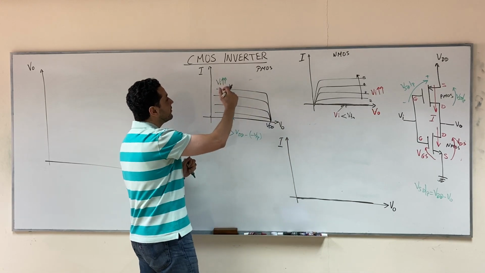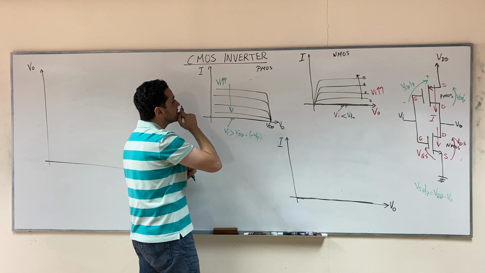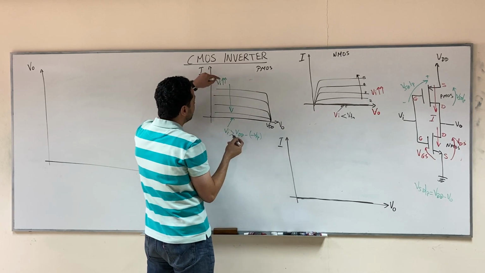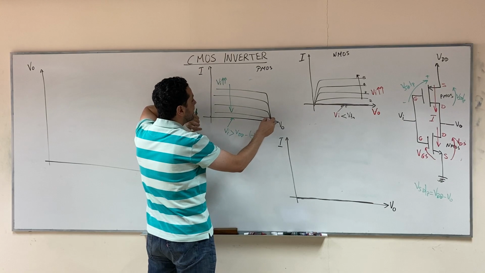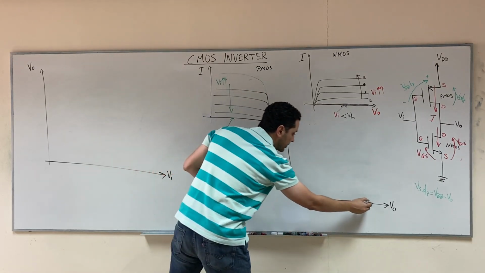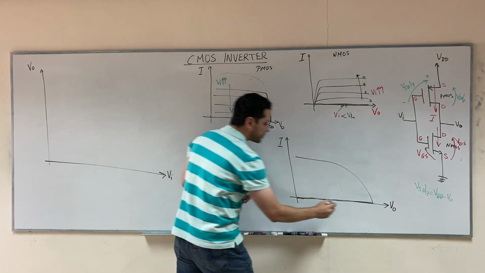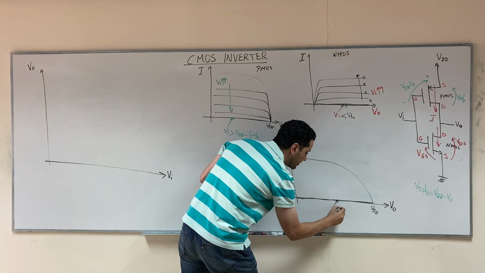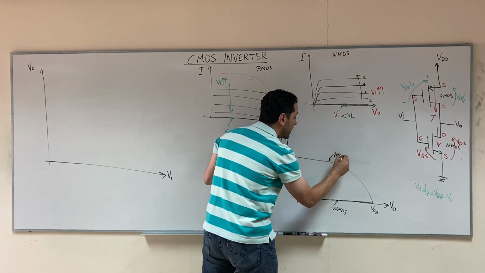While the PMOS, when V input is very small, will be operating at a very high curve, right? So the PMOS will get a curve like this. So this curve will be from the NMOS, and this curve will be from the PMOS.